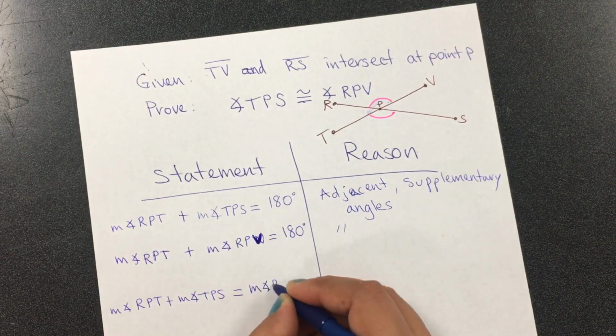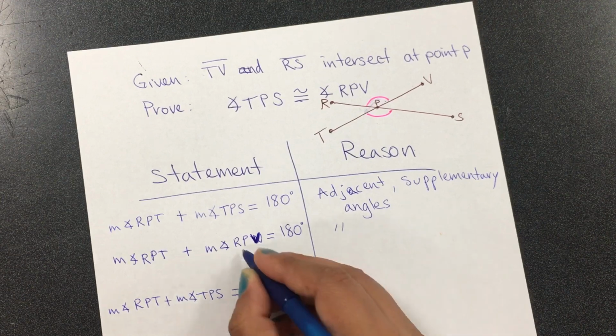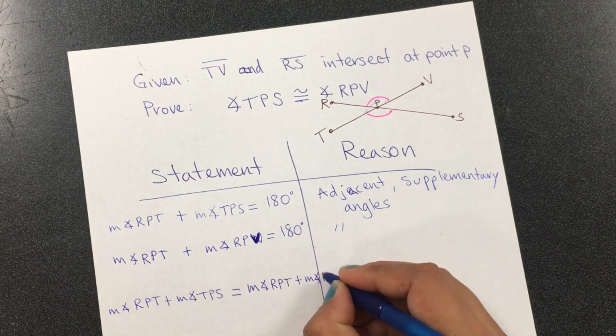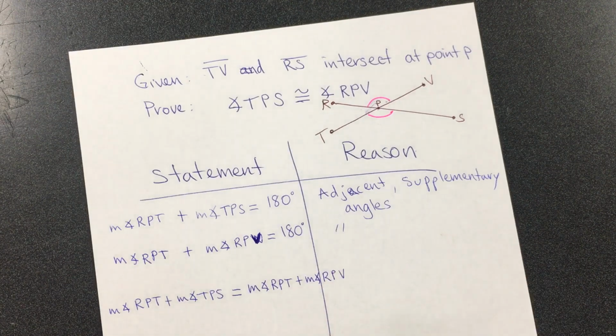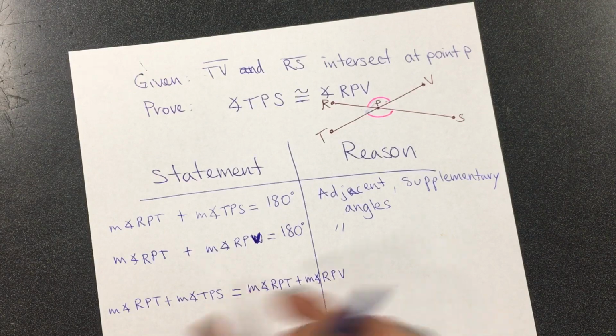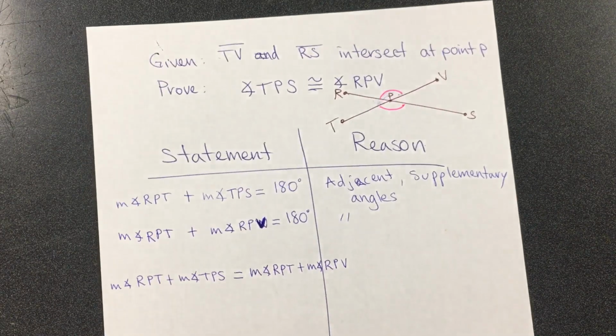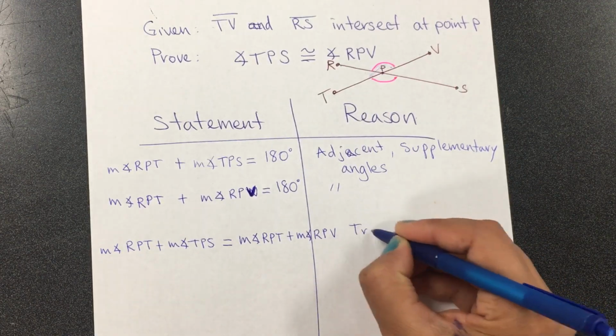Measurement of angle RPT plus measurement of angle RPV. Sorry, I'm going over the line. Okay, why? Because this is 180 degrees, this is 180 degrees. So they're equal to each other. And the reason is the transitive property.